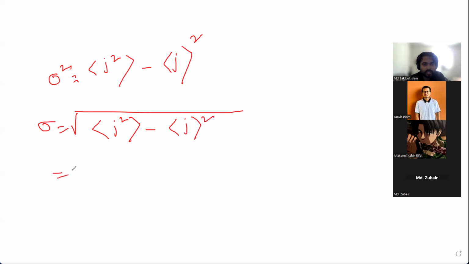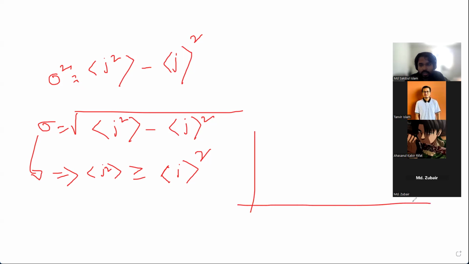And from there, if I want these things to be positive, we ended up with this implication, which is the correct mathematical way to say it. We want to see that in a distribution.